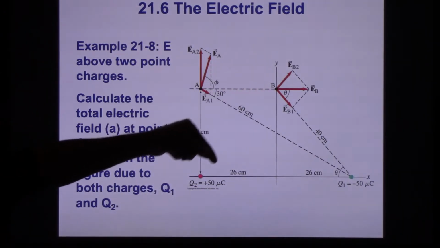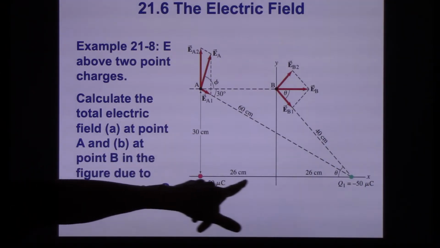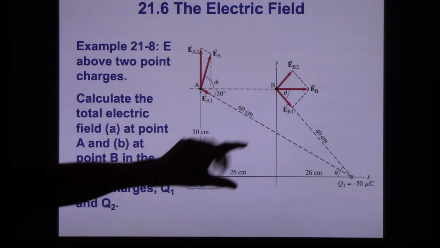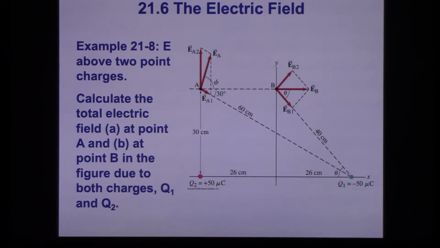This is forming an isosceles triangle. See how the baselines here are 26 in both cases, and the vertical distance is 30 centimeters. So what that's going to do is it's going to give me the very same magnitude of E field.